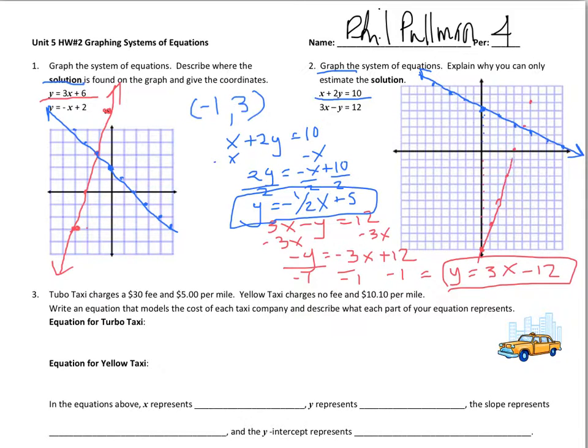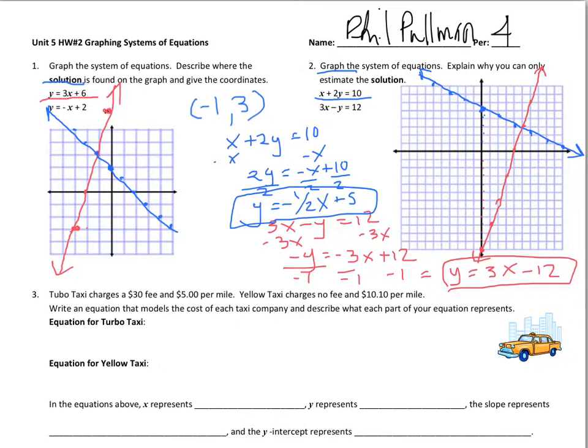But I can already see why they have suggested I can only estimate. Where these two lines cross is not an exact intersection of x and y. It's between the lines, so you kind of have to estimate. It's not quite 5.